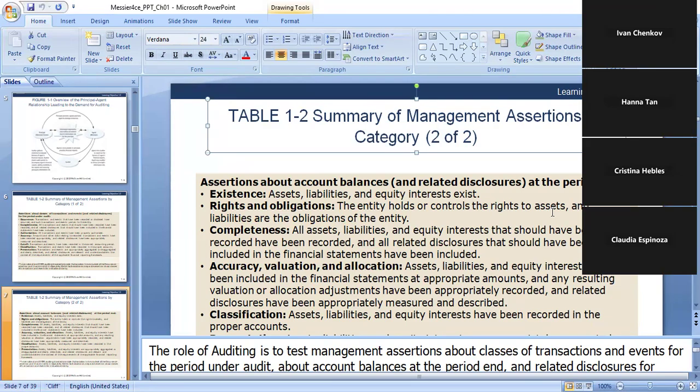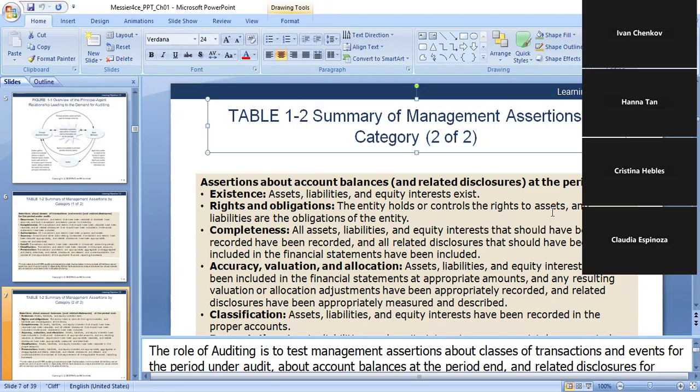Now we have to find, first, does the truck actually exist? Can I see it? Can I touch it? Where exactly is it? Second, does the company actually have rights to this asset? Does the company actually own the truck, or is the truck under lease? What exactly is happening there?